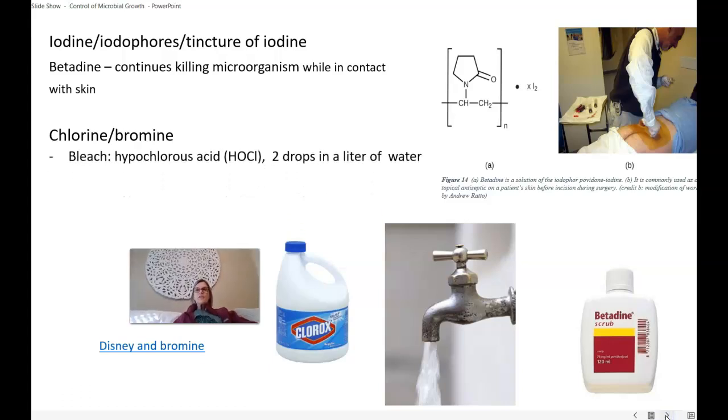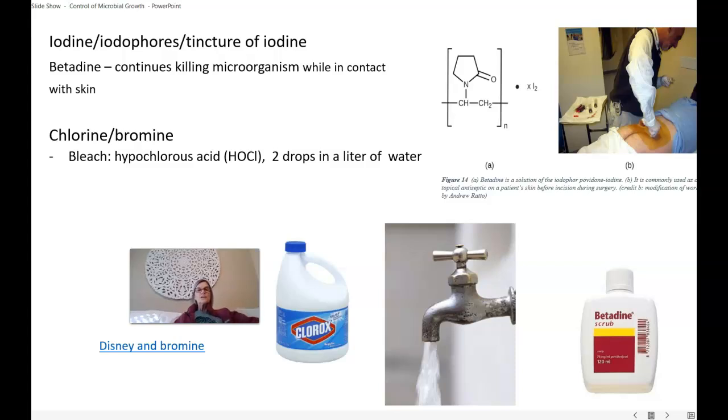Another halogen that we use for microbial control is bleach, and the active ingredient in bleach is hypochlorous acid, which gives us that chlorine. So the active ingredient in bleach is a chlorine product that's a very effective microbial control. This is a handy thing to know if you are in a pinch and you need to decontaminate water from microbial growth.